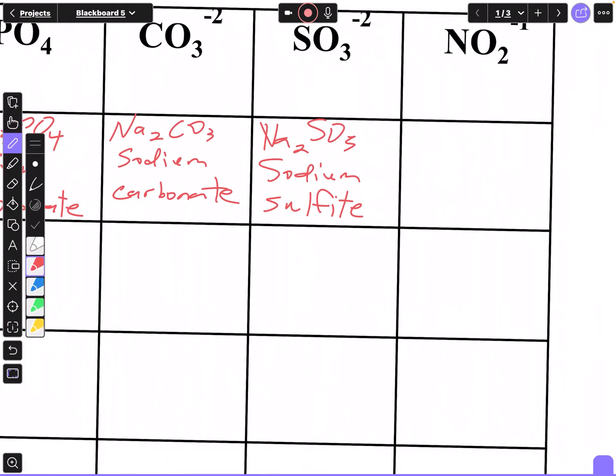And then last, Na +1 and NO2 -1 would give me NaNO2, and that is sodium nitrite.